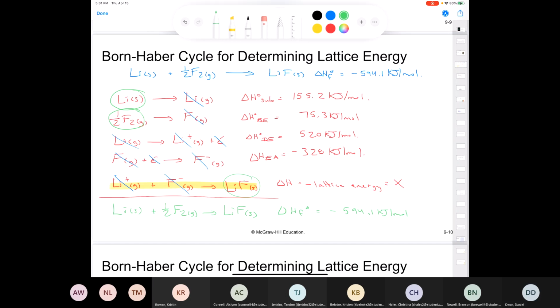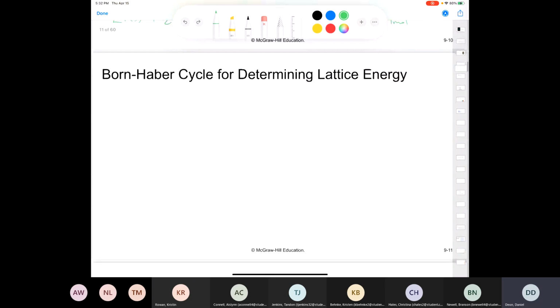Now, keeping in mind that the sum of all these enthalpy changes for the steps that we've got written out here is equal to the enthalpy change for the overall reaction, all we've got to do is solve for X. If you're wondering what I mean exactly by that, look, I got some more room over here, and what I mean is this.